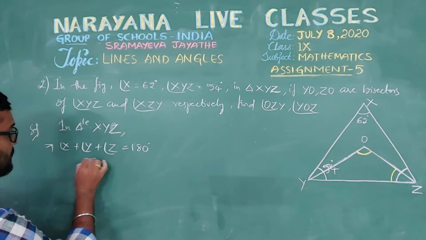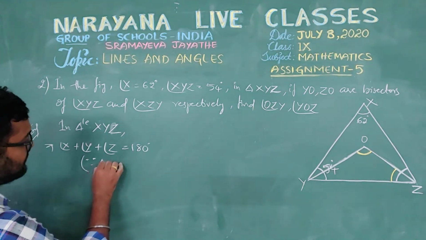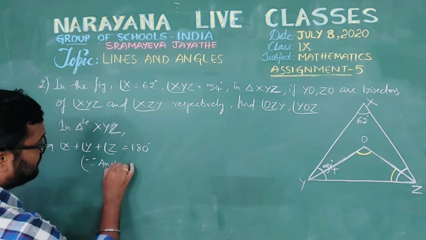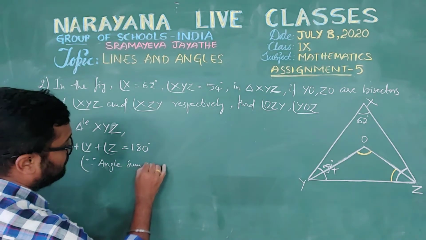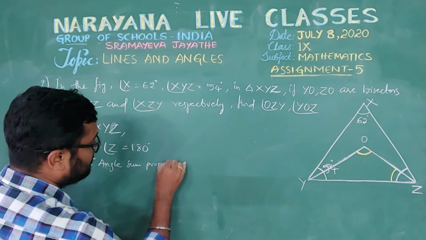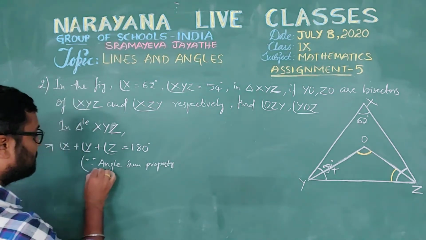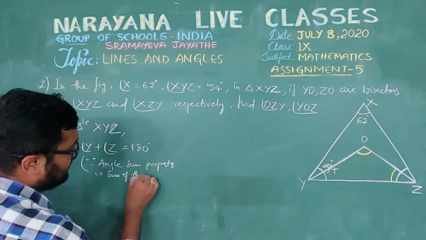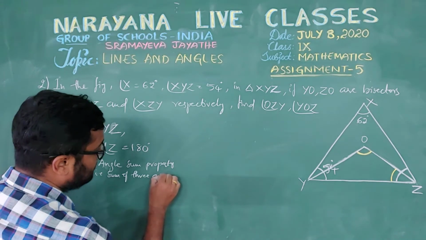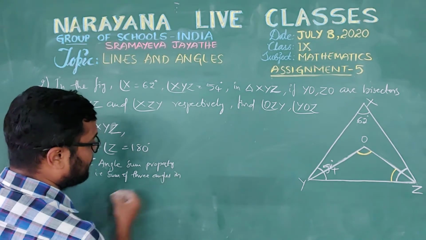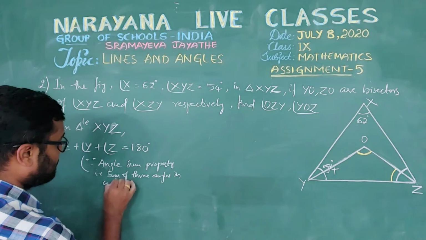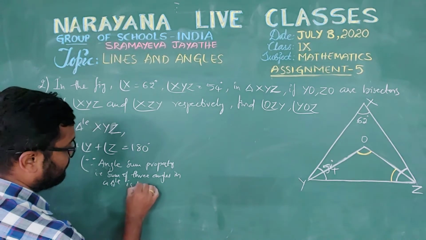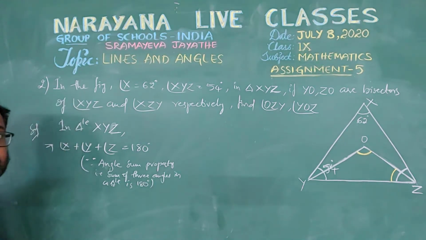Since angle sum property, that is nothing but the sum of three angles in a triangle is 180 degrees. So this is the property we are using here.